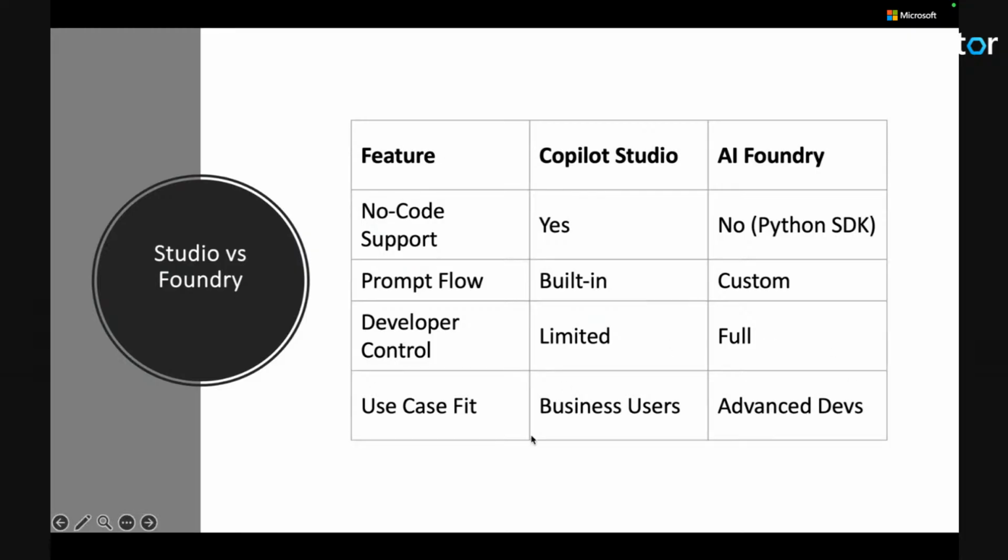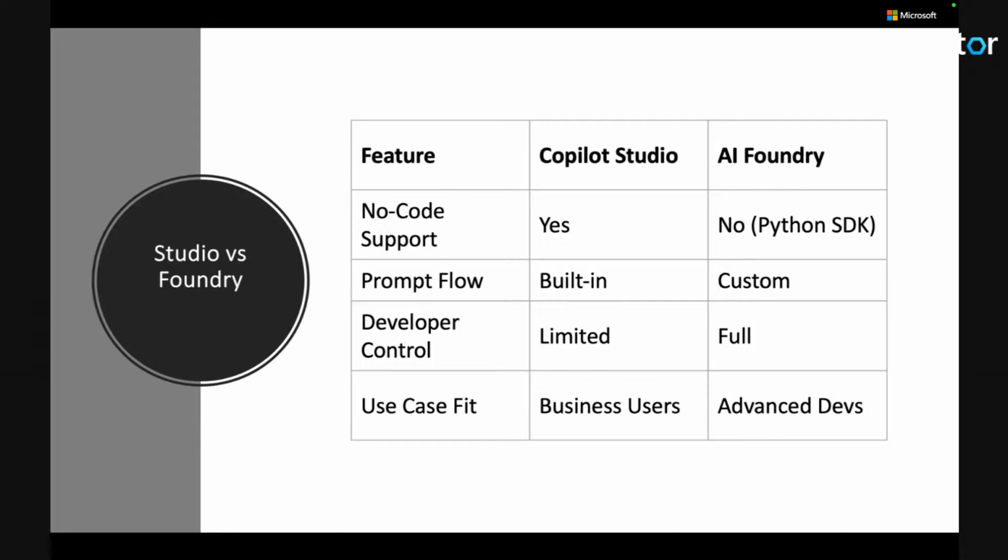If your need is small and it's just a simple requirement, then obviously Copilot Studio would be able to assist you. AI Foundry is where you need some kind of code support. The prompt flow is available as a built-in feature of Copilot Studio, whereas it's custom-based when it falls under AI Foundry.